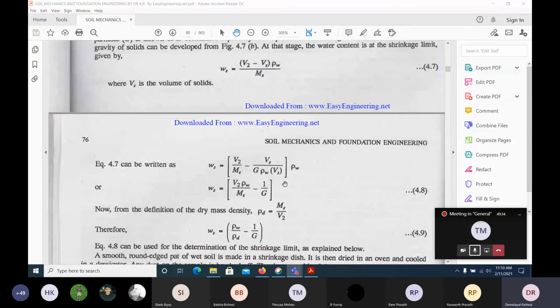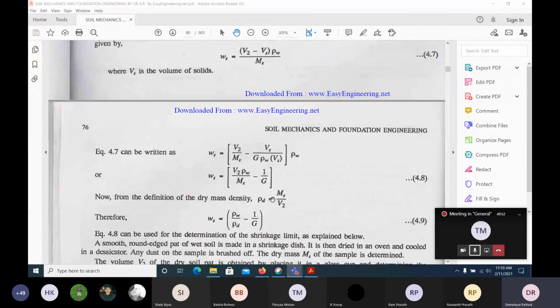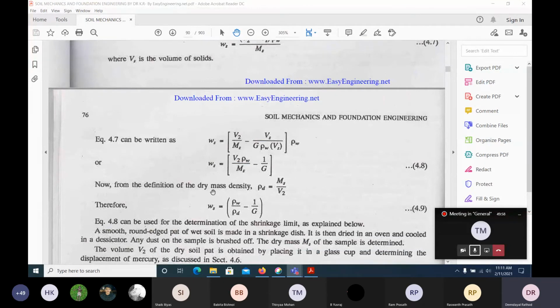What is the definition of specific gravity? Density of solids to the density of water of equal volume. What is the density of solids? It is the mass of solids by the volume of solids. If we substitute the volume of solids and other things, you will get it in terms of G, the specific gravity. Finally, we can define Ms by V2 as nothing but the dry density. So again the shrinkage limit can be written in this form.